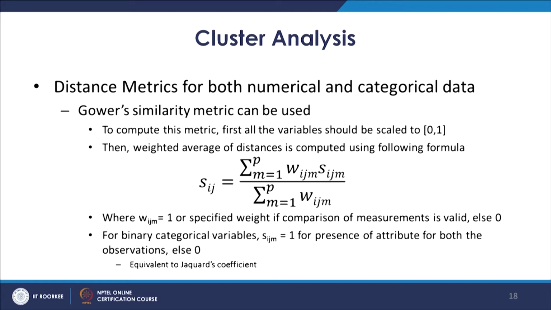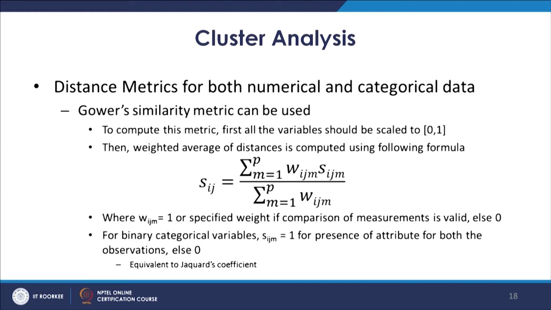In the numerator we have a summation from 1 to p, because we have p variables. Then we have a weight value Wijm, where m goes from 1 to p. So, for each variable we have a weight, and then a similarity value for this observation, again for each variable, Sijm.